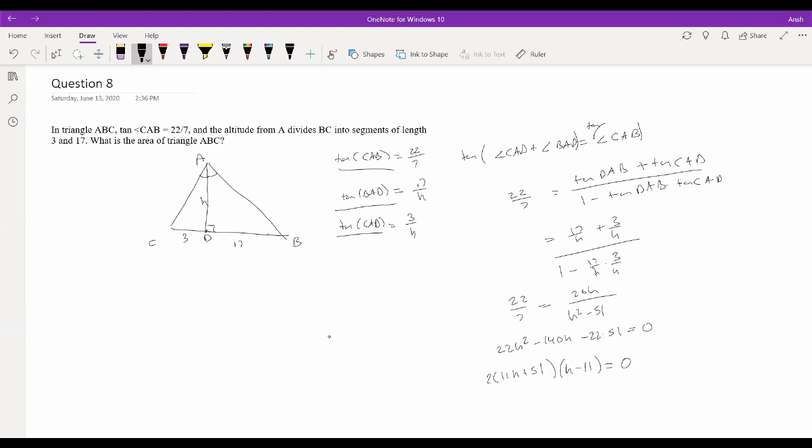Since h has to be positive, that means the solution for h is 11. So now we know the height is 11. We know the base is just 3 plus 17, which is 20. So that means the area is 1/2 base times height, which is 1/2 times 11 times 20, which is 110, which is our answer.